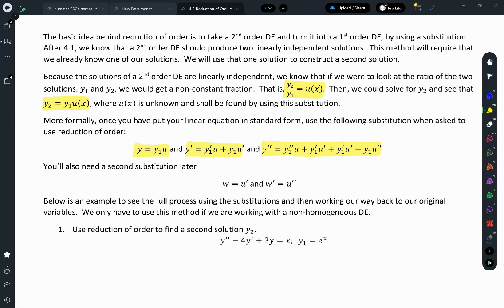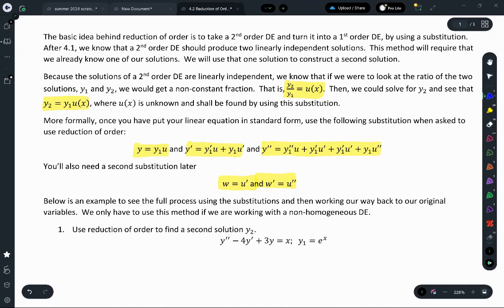And then we'll need a second substitution: w is going to replace all the u primes, and w prime is going to replace all the u double primes. And then our problem will be a first order differential equation that we can solve.